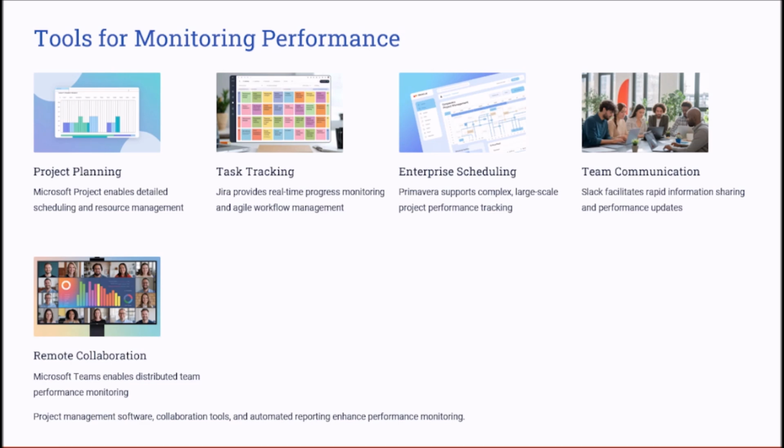Let's see here the tools that can be used for monitoring the performance. Technology plays a crucial role in performance monitoring. Project management tools track the tasks, collaboration platforms can streamline the communication, and automated reporting provides real-time insight. Project management software tools like Microsoft Project, Jira, or Primavera can all be used for monitoring performance.